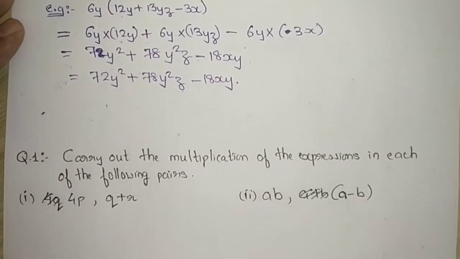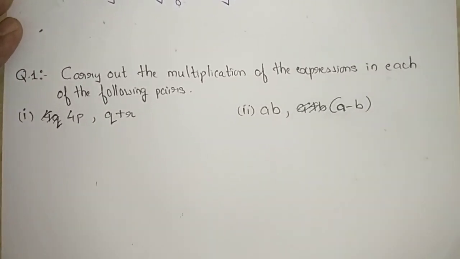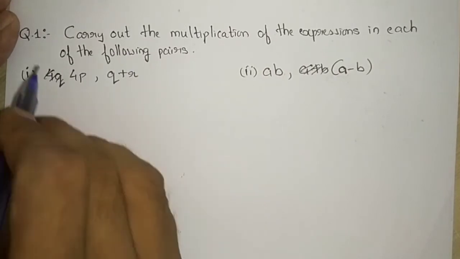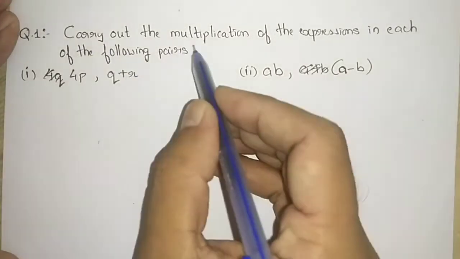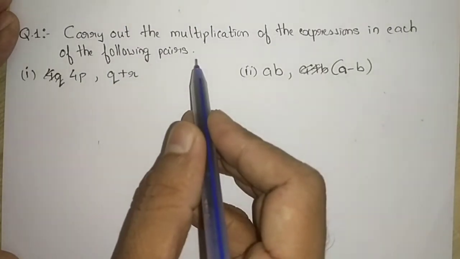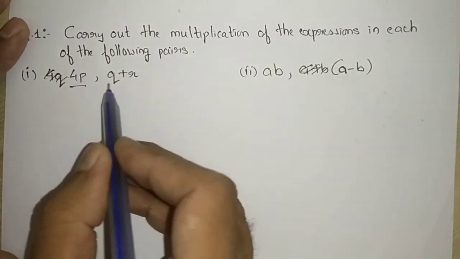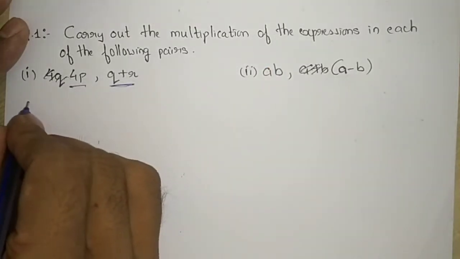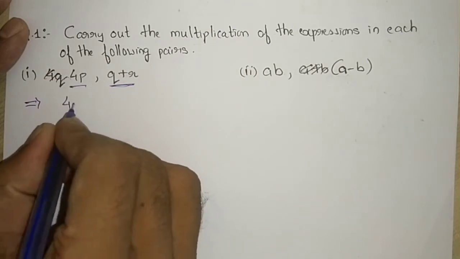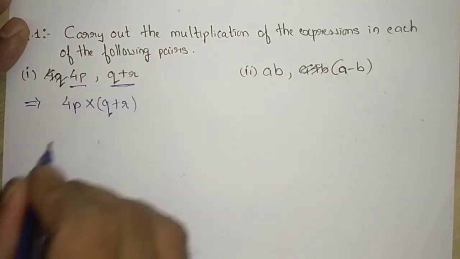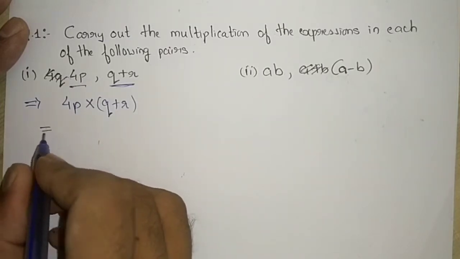Now moving to exercise 9.3, question 1. Question number 1 says, carry out the multiplication of the expressions in each of the following pairs. Here you can see monomial, binomial. We want to multiply, so we will write 4p multiplied by q plus r. That is a binomial, you know the rule.